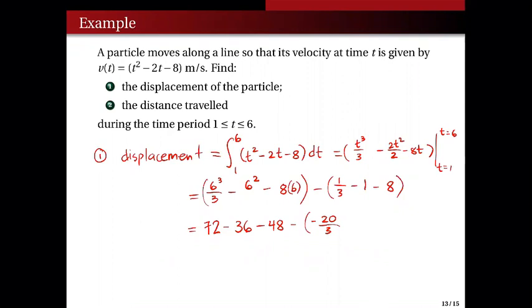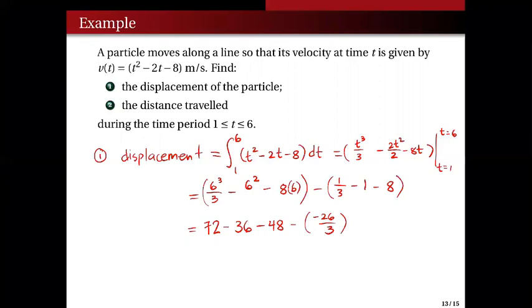And therefore, you have minus 1, minus 8, that's minus 9. So minus 9 is also negative 27 over 3. So this guy here will be minus 26 over 3.